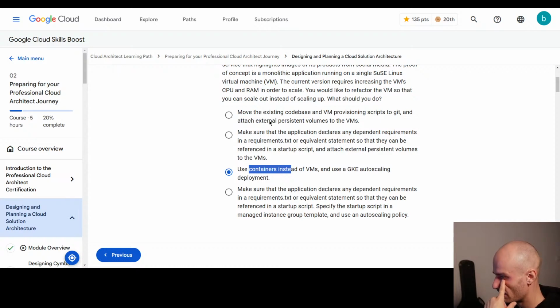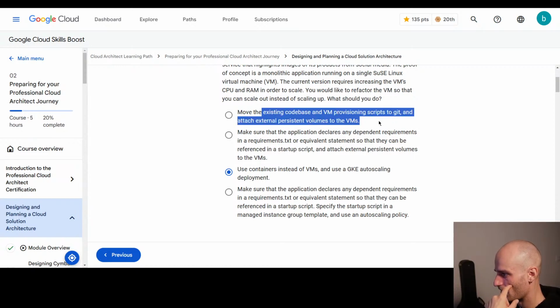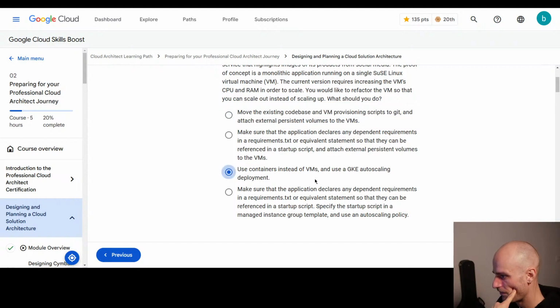And here, what issues may there be? Move the existing codebase and VM provision script to Git. I don't know, man. Doesn't sound like Google-ish stuff, this one. This one instead sounds really clean, you know? You create a container with your VMs, which includes the requirements stuff.